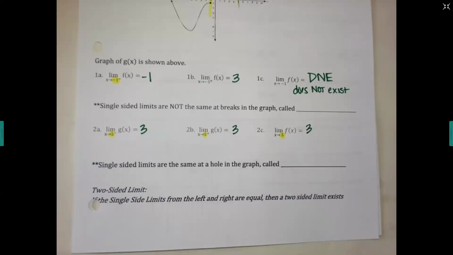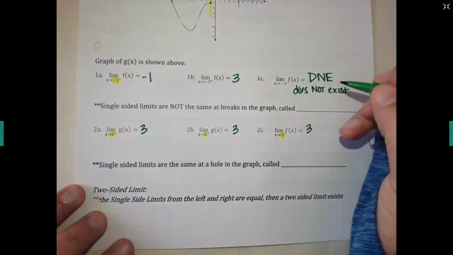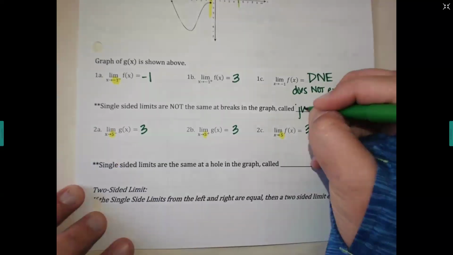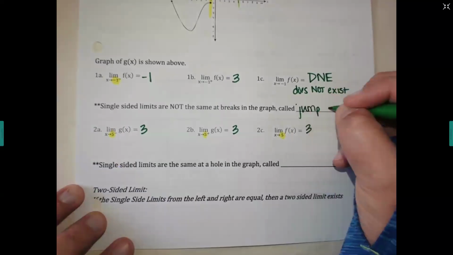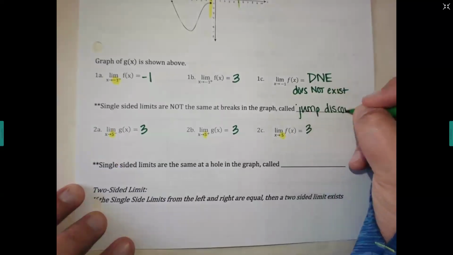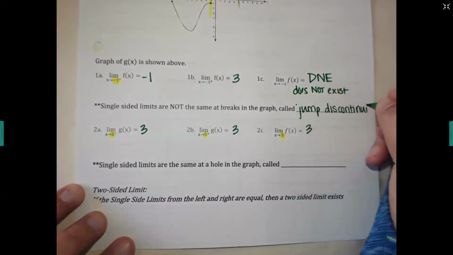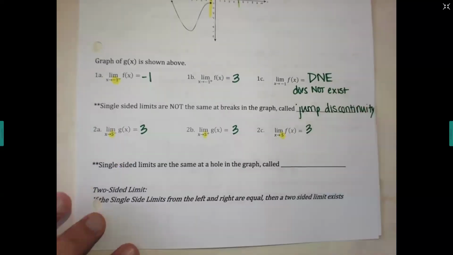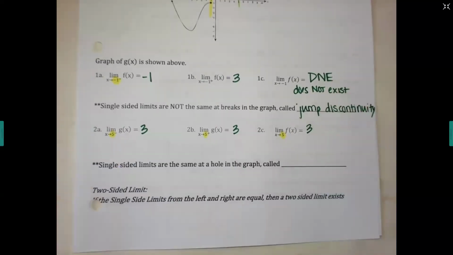Okay. Then it says single-sided limits are not the same at breaks called jump discontinuities. Okay, so we're going to cover discontinuities more, but basically it's like a disconnect in the graph.